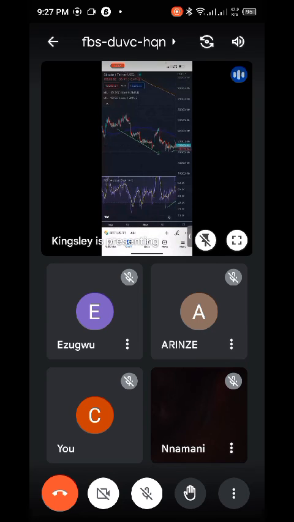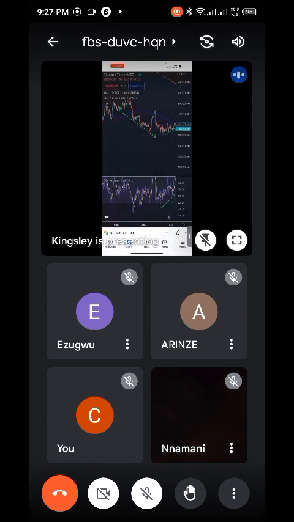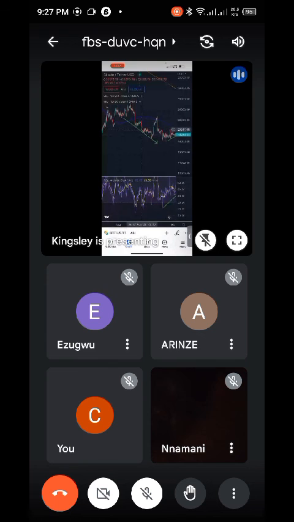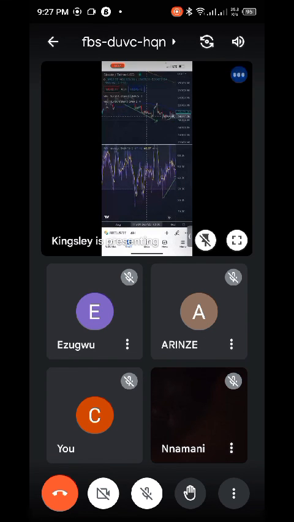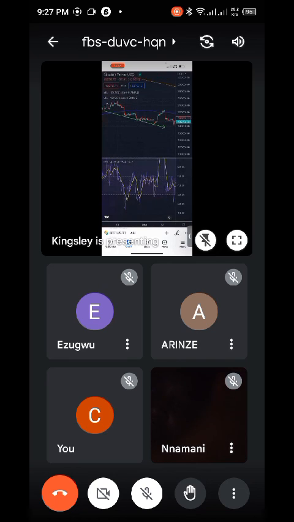I don't know if you are getting me, please, if you are getting me, let me know. Now look at this place. This thing was coming down here. The trend here was bearish in the chart. But look at that RSI here. Look at that RSI. But RSI was going up instead. That is divergence.